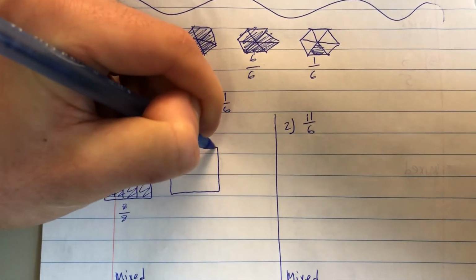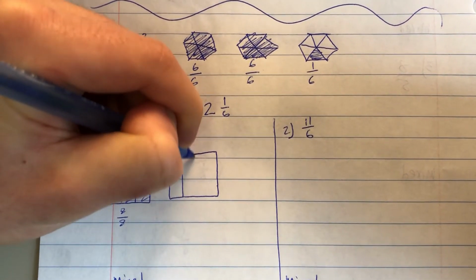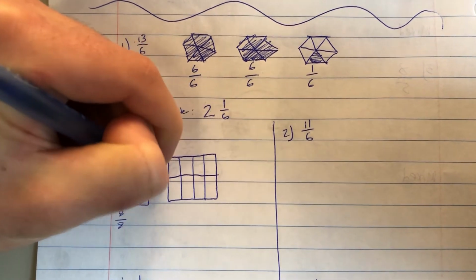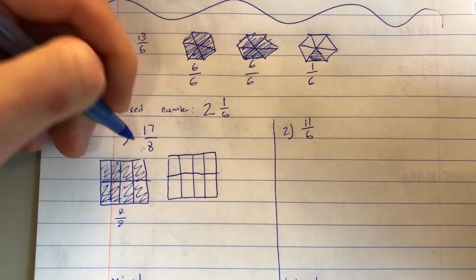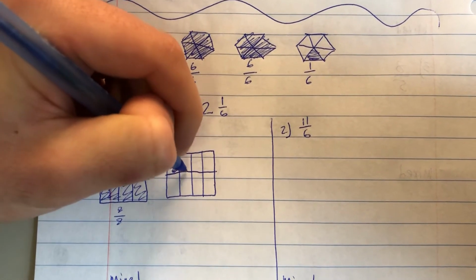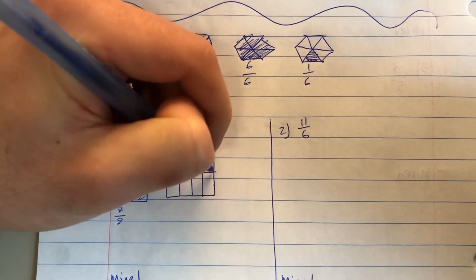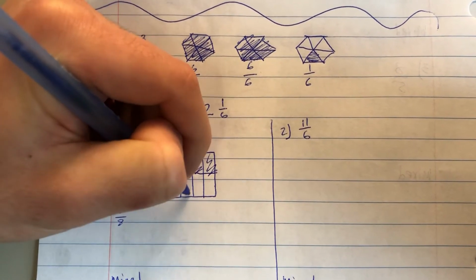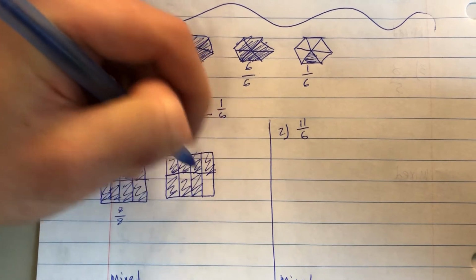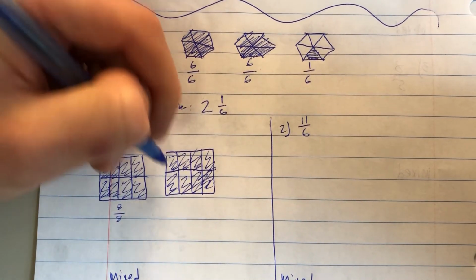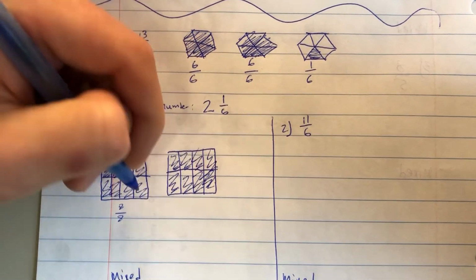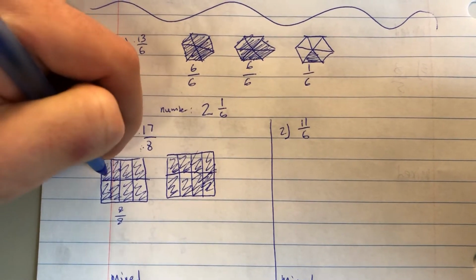And this box is also going to have 8 different parts since my denominator is 8. 9/8, 10/8, 11/8, 12/8, 13/8, 14/8, 15/8, 16/8.